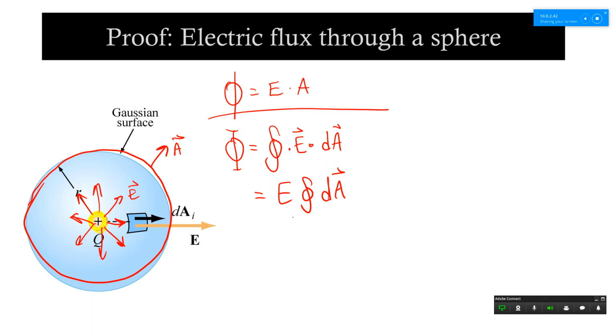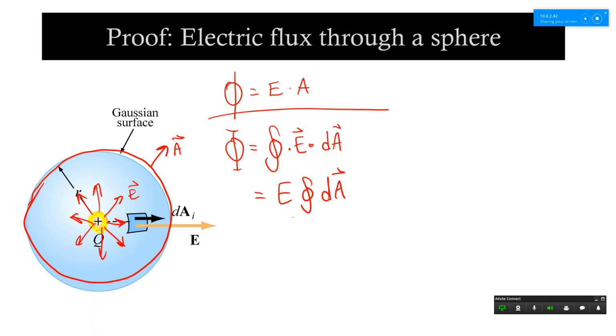And so what's the surface integral of that small dA? If I add up all the little areas along this whole surface, what am I going to get? Yeah?